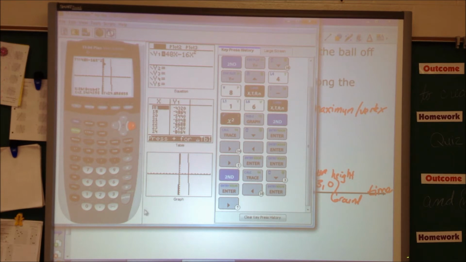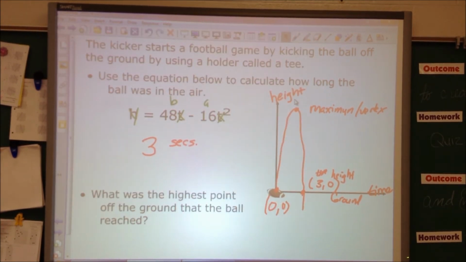Now it's getting smaller again. I'm going to hit enter and enter again. And it lets me know here my maximum is when x is 1.5 and y is 36. So this point here is when x is 1.5 and y is 36.